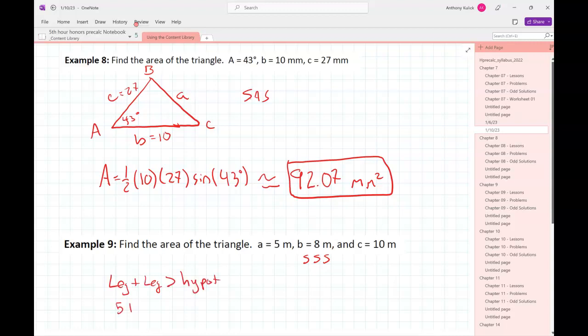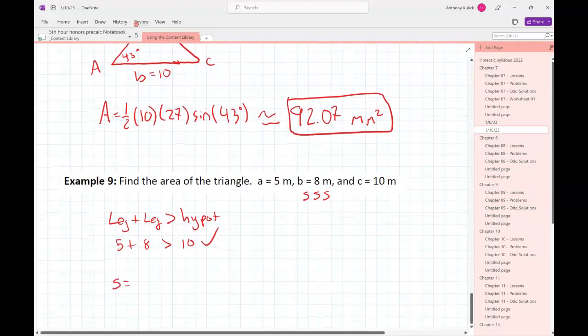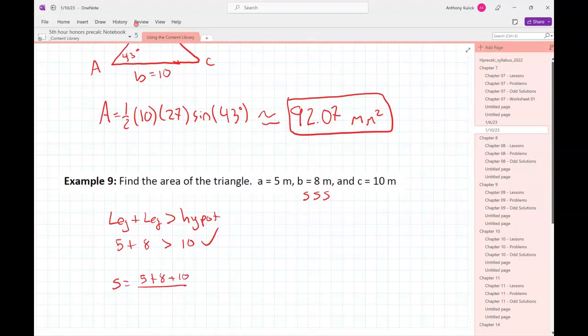So 5 plus 8 is greater than 10. Yes, sir. I'm good. So I'll start just by calculating my semi-perimeter. So it's 23 over 2. I'm going to call that 11.5 since it's a terminating decimal.